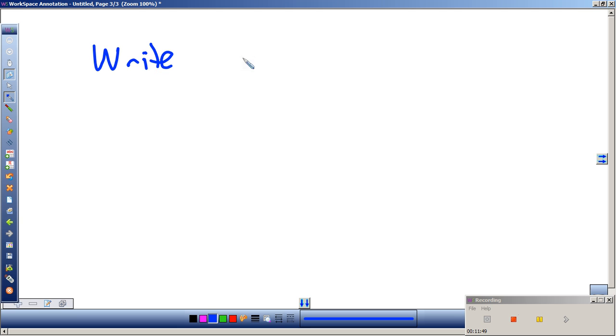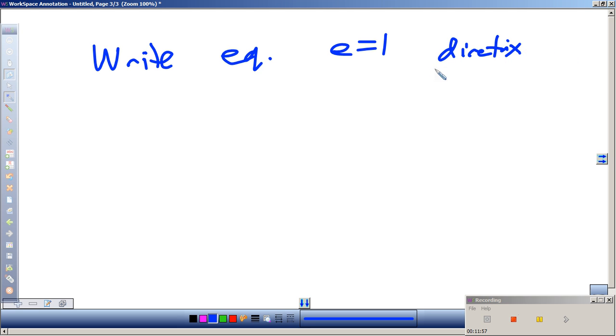Next thing, another type of problem. Write the equation of the conic with eccentricity equals 1 and directrix x equals negative 1.5. Will it ever be negative on top?